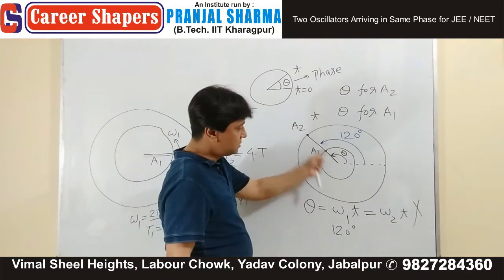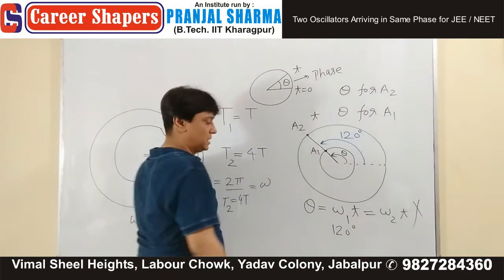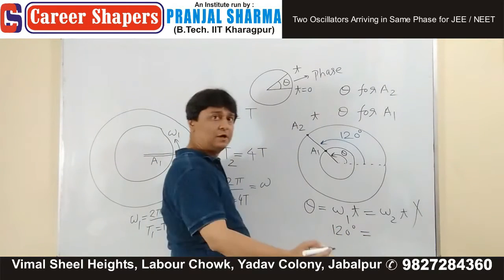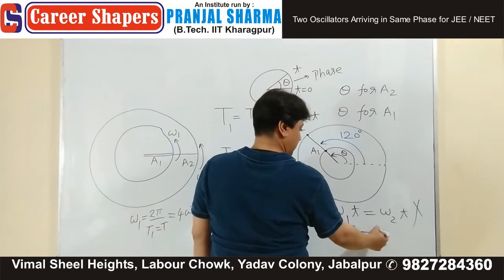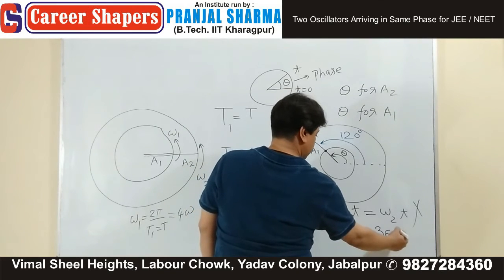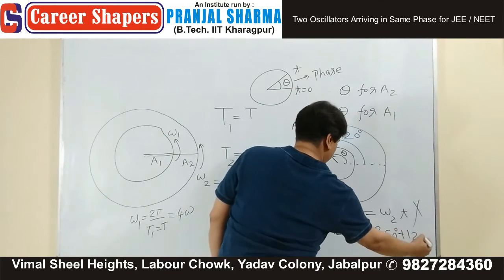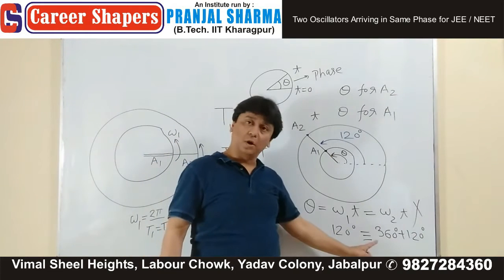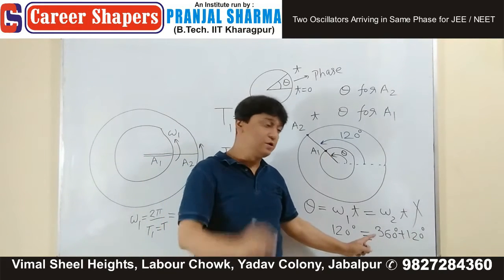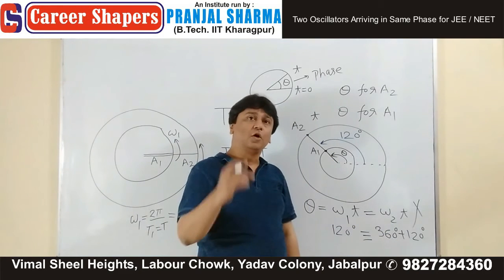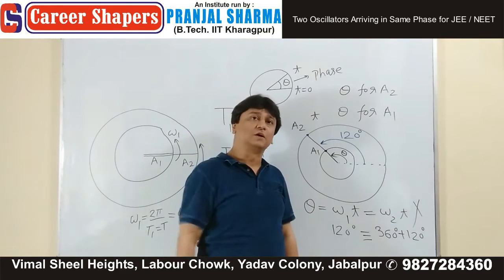120 of the slower one is not equal, but equivalent to 360 plus 120 of the faster one.